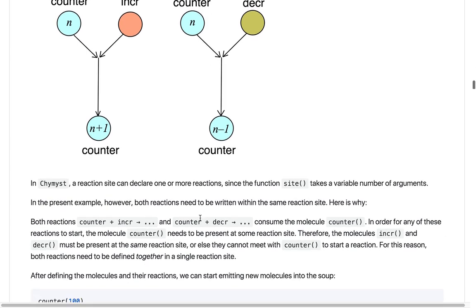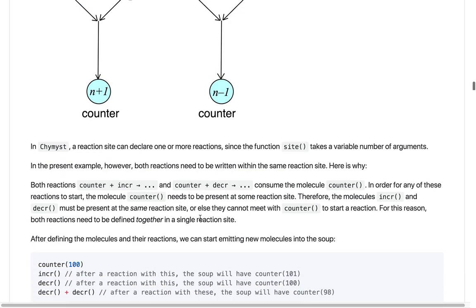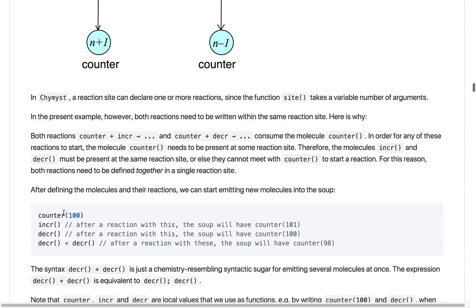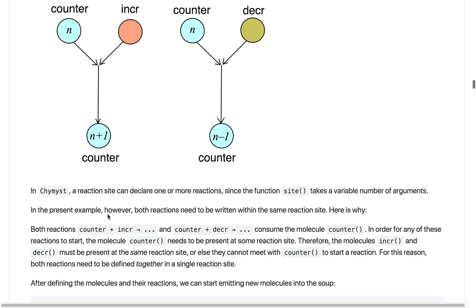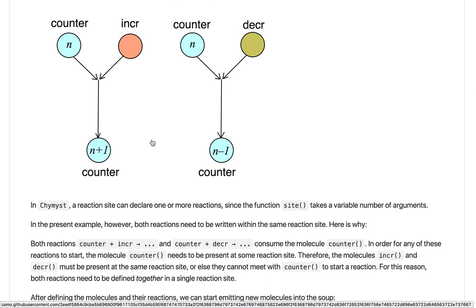Now, let's notice that we still need to emit these molecules before any reactions can start. How shall we do that? Well, the only thing we should decide is how many to emit initially.